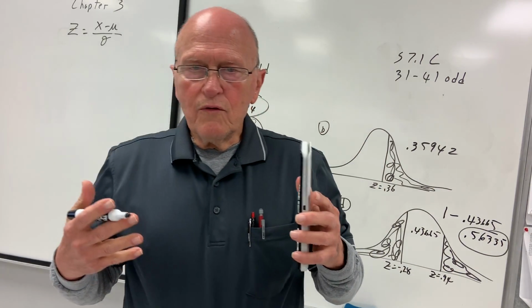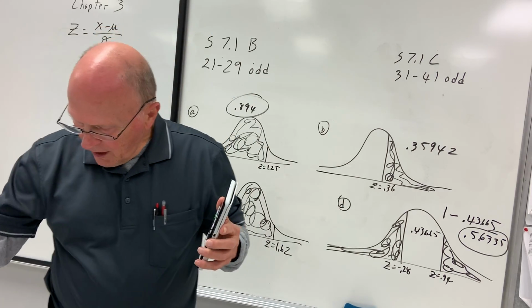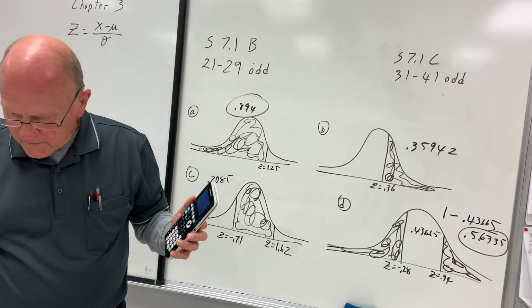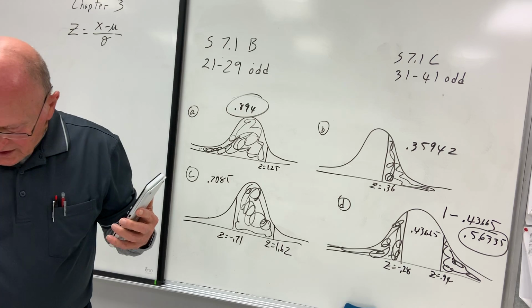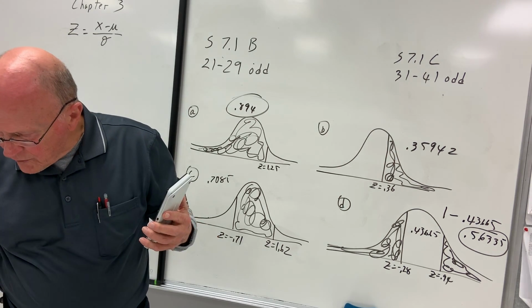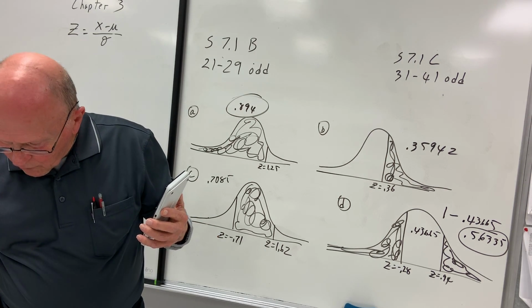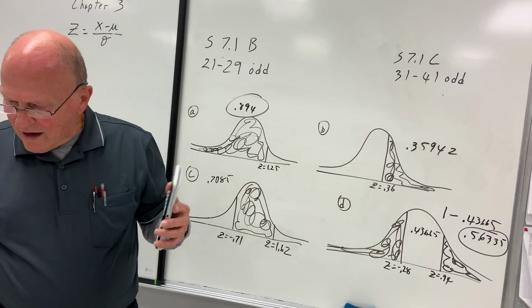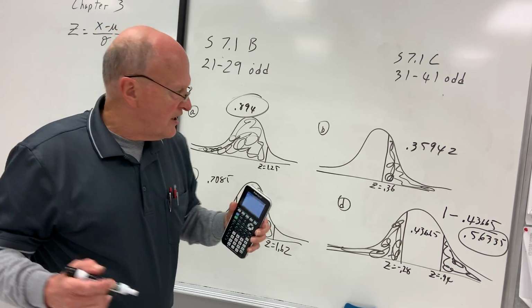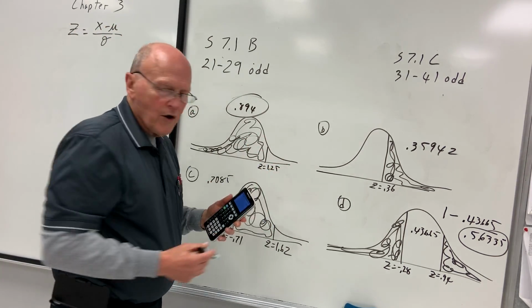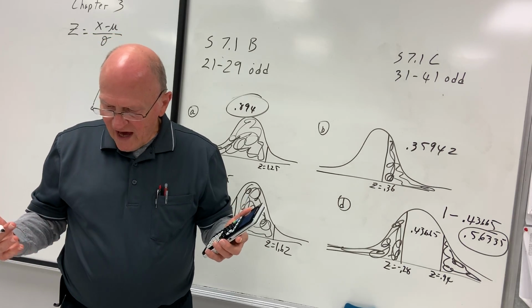Now, the problems that appear below that, like on 23 through 29, are the same problems. The only difference is, instead of drawing this for you, they just give you what the values are.